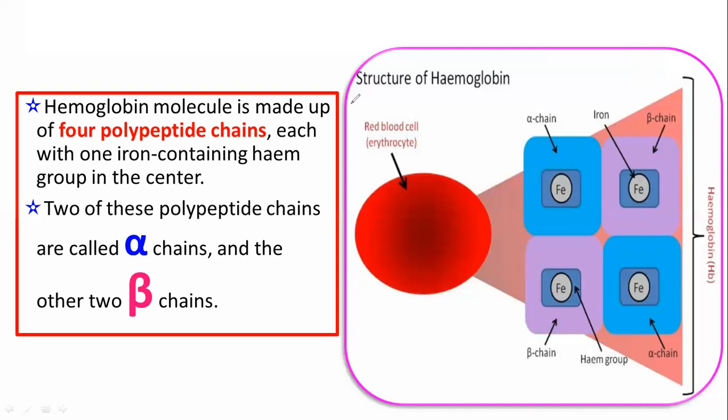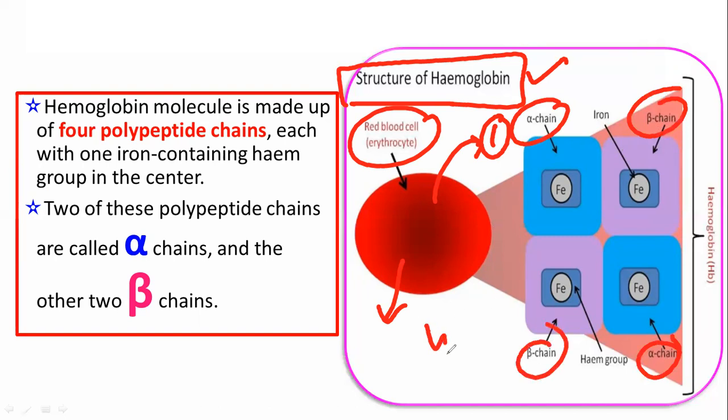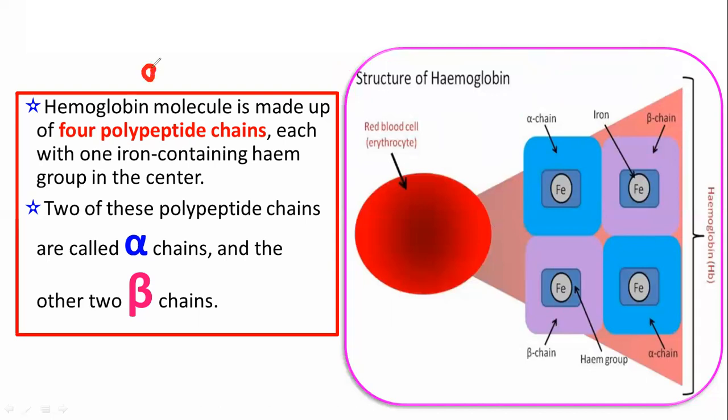So here, look at the structure of hemoglobin. We'll discuss it in detail later, but right now you need to know that this is a red blood cell, an erythrocyte, and only one hemoglobin is shown here, though there are millions in it. These are the alpha chains and these two are the beta chains, so there are 4 polypeptide chains. What will be the single unit in it? That will be the amino acid.